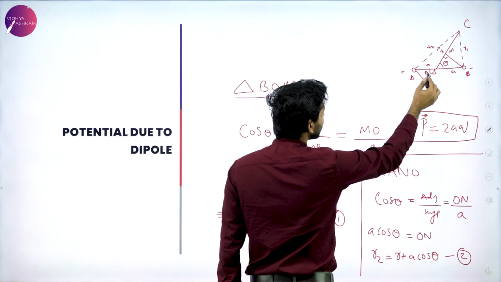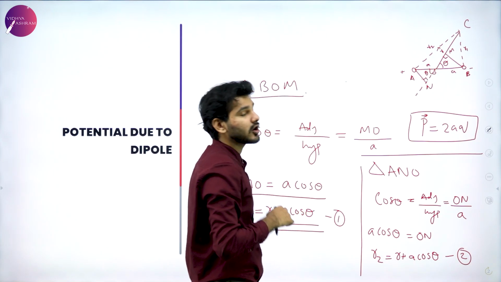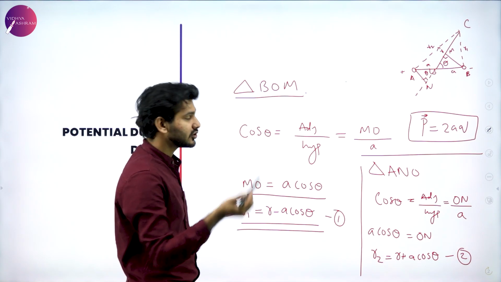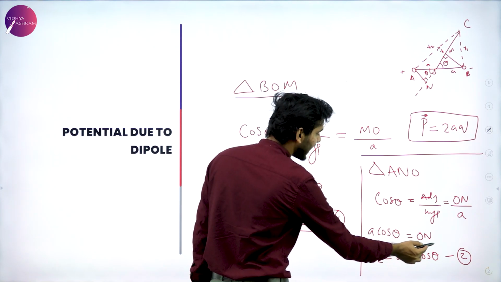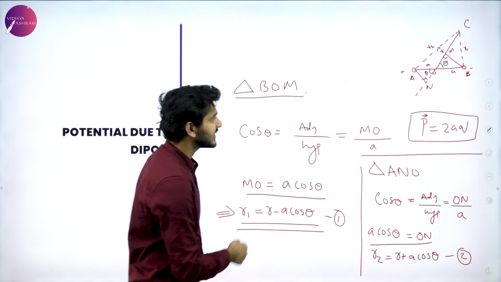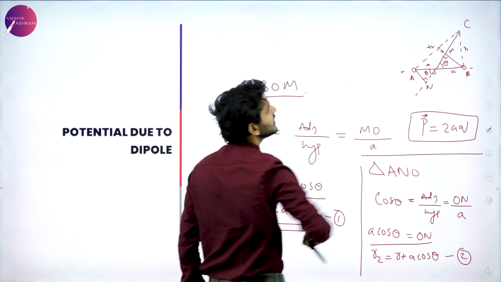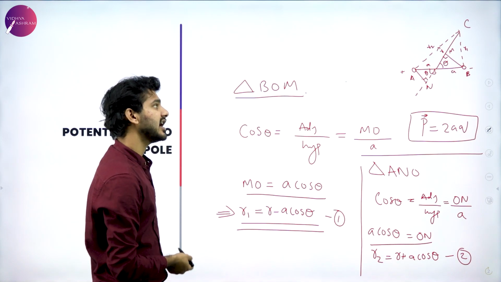And then we can say that cos theta will be given by ON divided by A. So we can write that as A cos theta is equal to ON. And just like that, we added this, that is NO plus R, which gives R2. So we can write it as R2 is equal to R plus A cos theta.